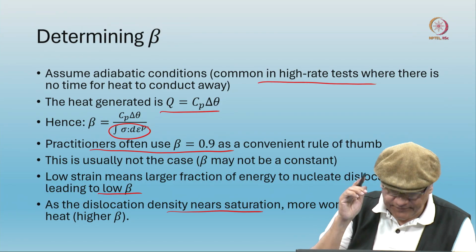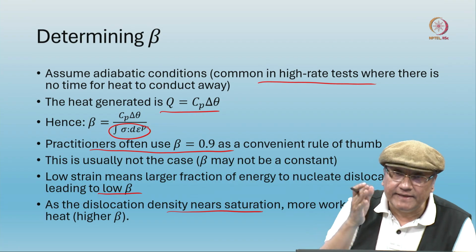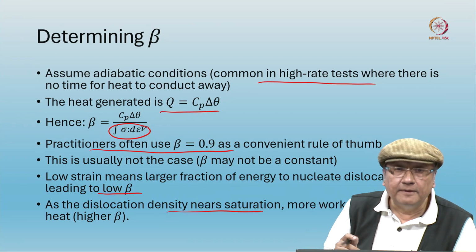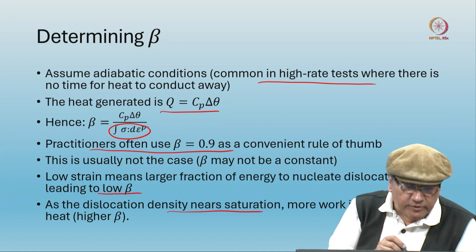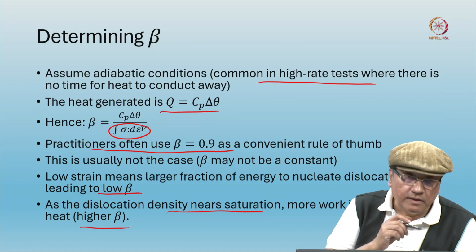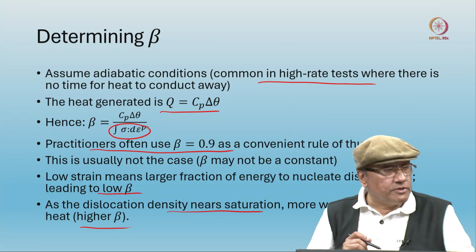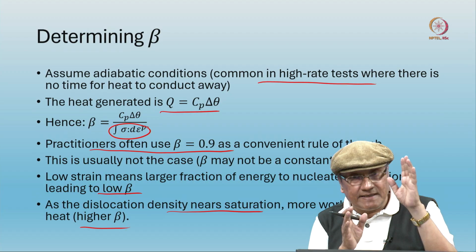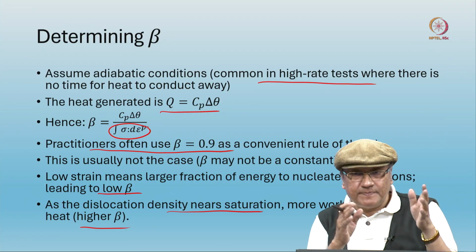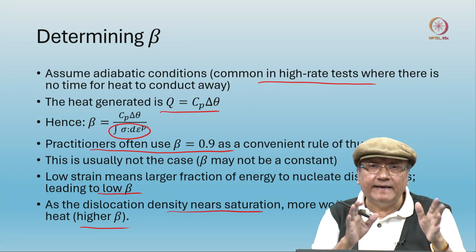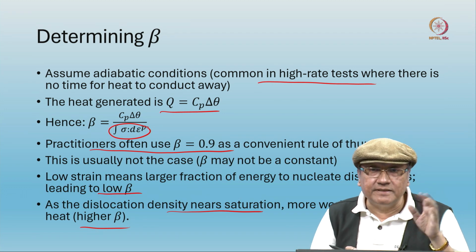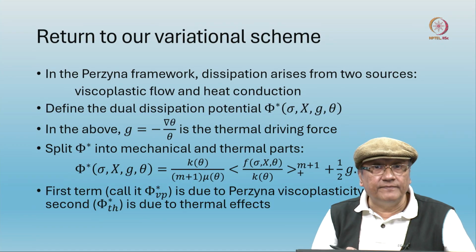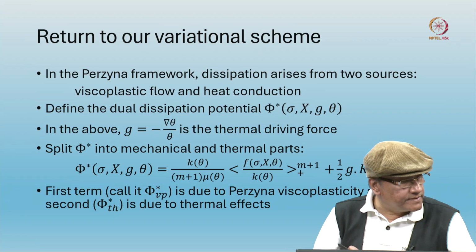So that extra power that is available from plastic work must go into the dissipation of heat, and that will increase beta, so higher beta. Depending on the problem of interest, and on what stage of its plastic deformation the specimen is at, beta can vary, and that is a very important thing.